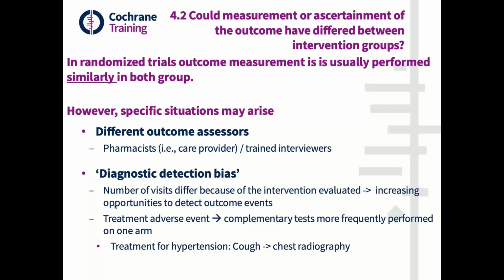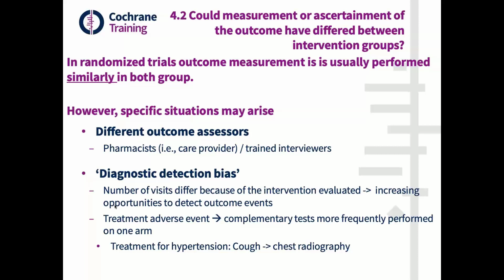There is also a major issue related to diagnostic detection bias. For example, if because of the intervention you're going to have more visits to the physicians because of the way the intervention is organized, then by definition, if you have more visits to the physician, the probability of detecting an outcome event is going to increase.